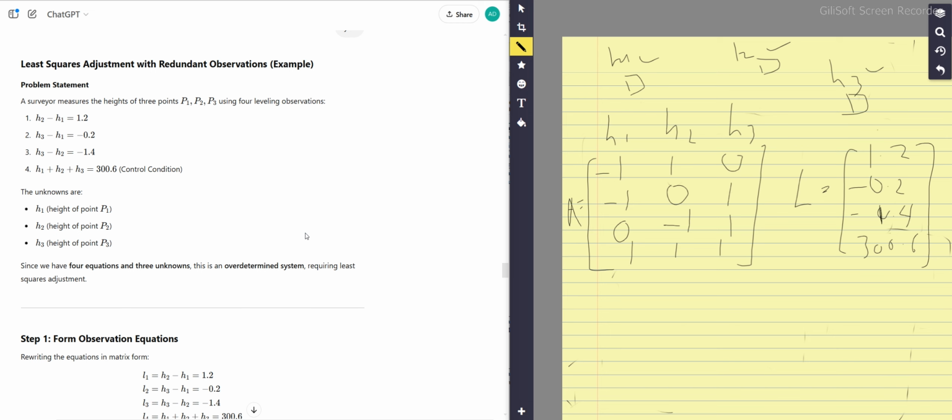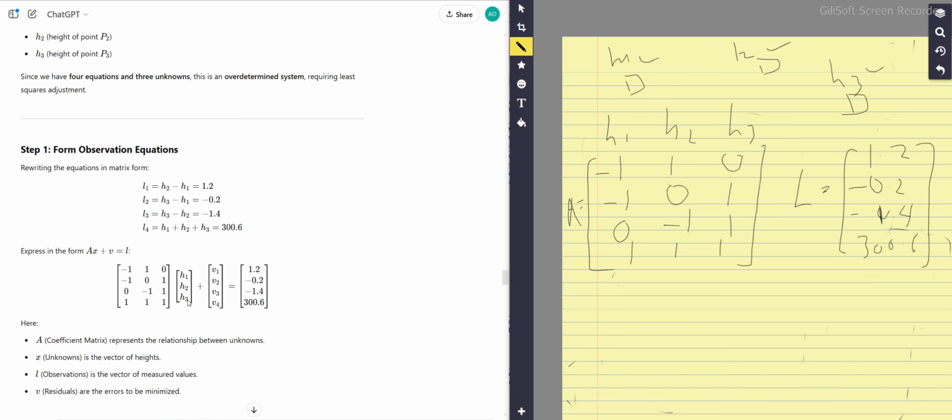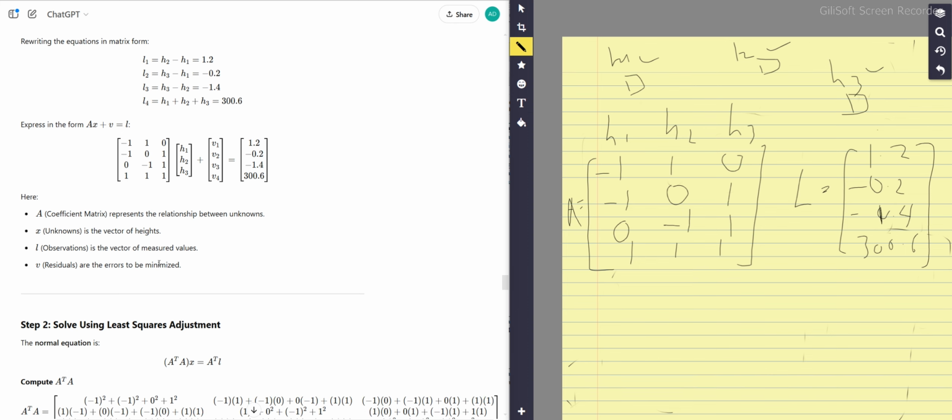So this will be the equation. So look at it. That's how we got all this. And don't forget, the general equation in this case is always Ax plus b equals to L. Ax plus b equals to L.